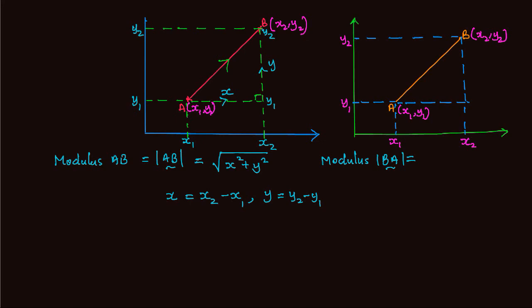Therefore, the modulus AB is equal to the square root of (x2 minus x1) squared plus (y2 minus y1) squared, where, of course, x2 minus x1 is equal to x and y2 minus y1 is equal to y.